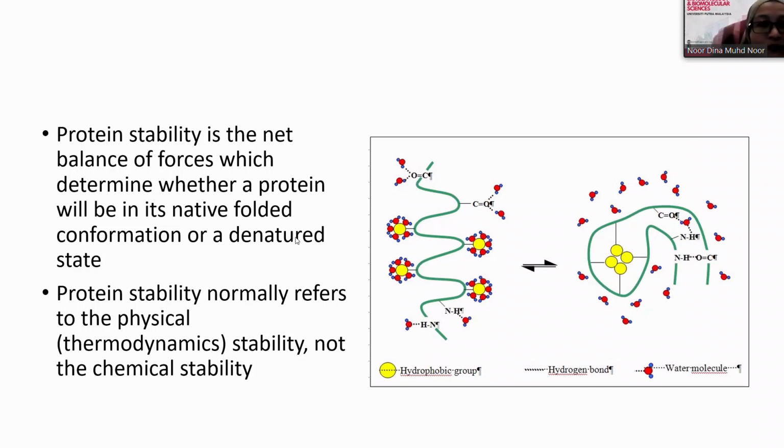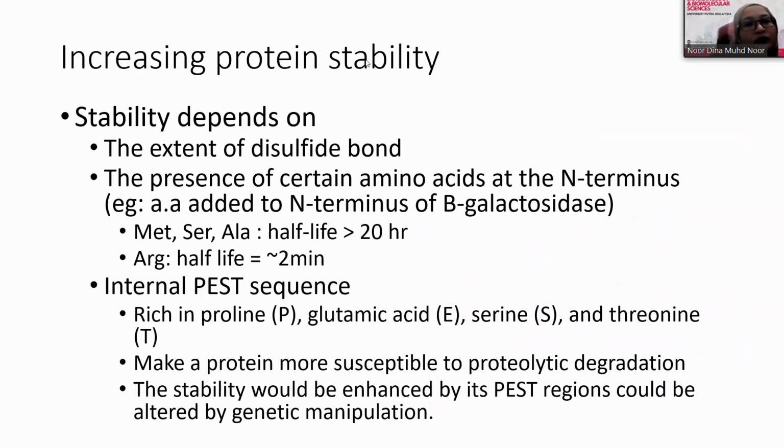Okay, so how are we going to increase the protein stability? There are ways to increase the protein stability. Normally the stability of proteins depends on the extent of the disulfide bond.